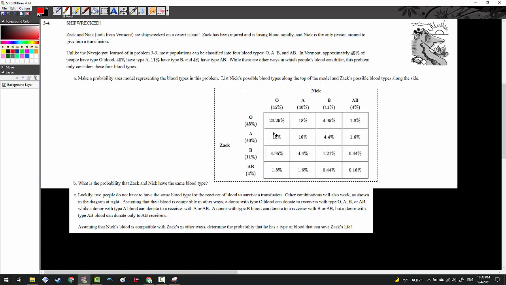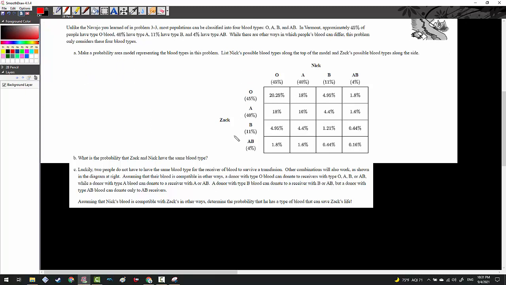And again, how did we get all these numbers? We multiplied those areas together, right? 0.45 times 0.45 is 20.25 and so on. Here we go. It says, in B, what is the probability that Nick and Zach would have the same blood type?